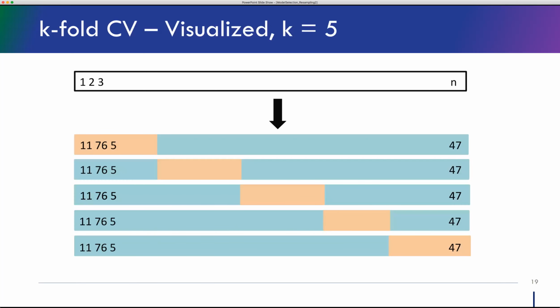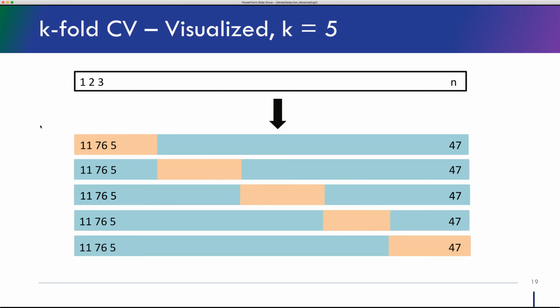I also have this chart to show you what k-fold cross-validation looks like. For example, we have k equal to 5 here. This is your whole data set, and you split it into 5 groups, 5 folds.